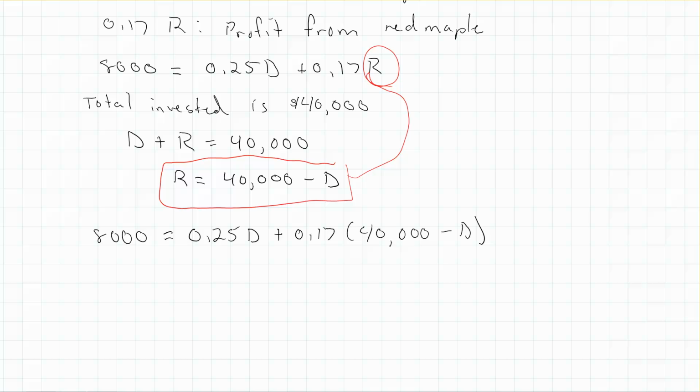Now I have an equation with one unknown, and I can just go ahead and solve this equation. So let's multiply everything out.